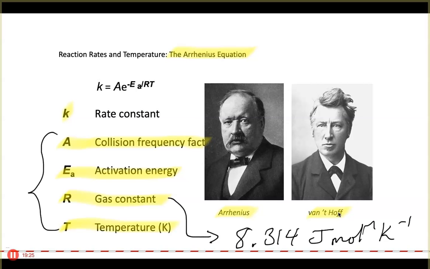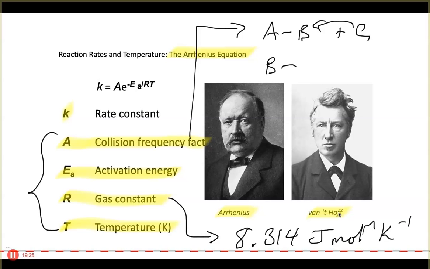So, what is a collisional frequency factor? It's just a number, you can't predict it, it needs to be measured experimentally, but it's saying that orientation matters. So if I have a molecule AB and it's reacting with C, if B and C are going to be forming a bond, C better be colliding with B. Because if the molecule comes in reverse, if C bumps into A, it can't react with A. So it needs to be directional.